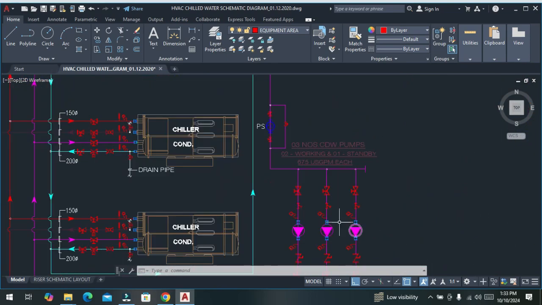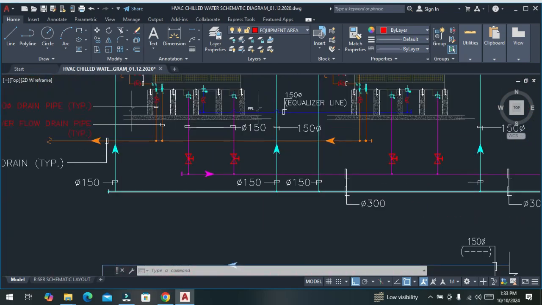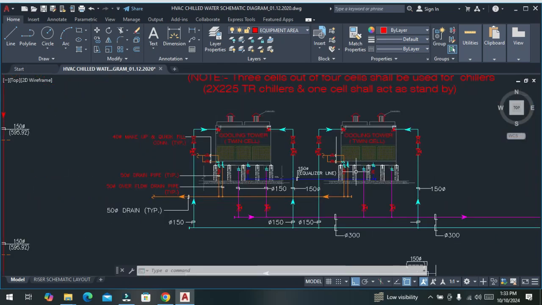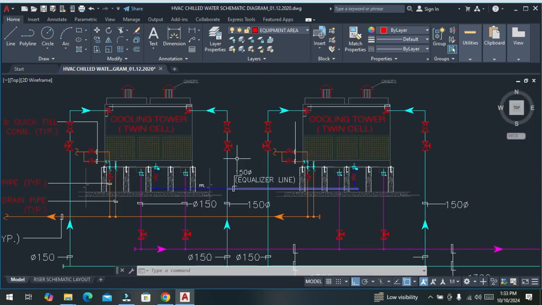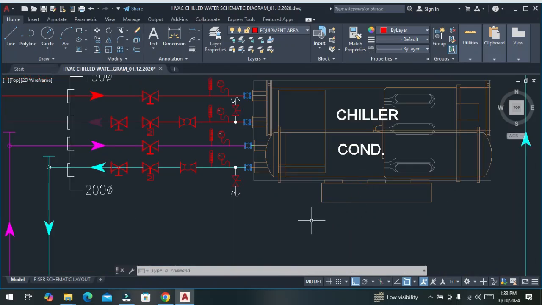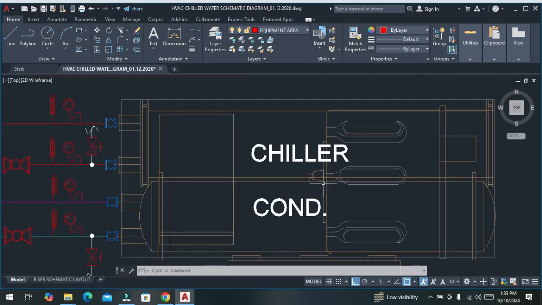Due to bad quality of the condenser cycle water, it will affect the efficiency of the chiller. It will consume more power and will not be effective.